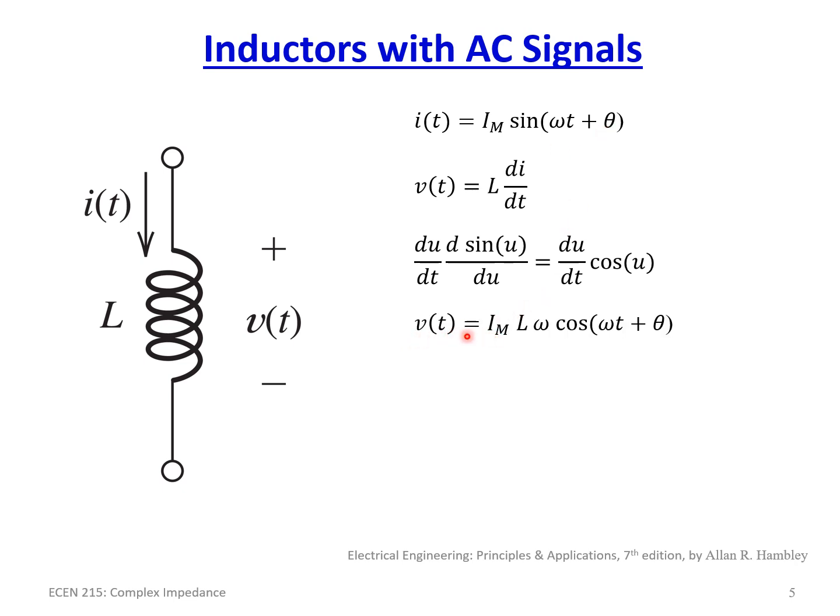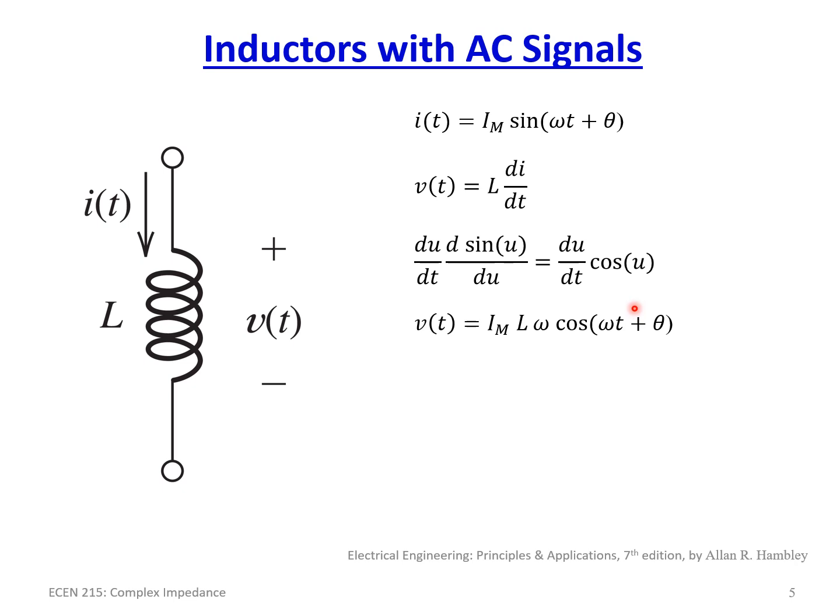So we end up with, in the end, V of t is equal to Im, the magnitude of the original current, times omega L. So we have the inductance times omega, our frequency, times cosine. Now notice how the sine became a cosine because of the relationship on the derivative. And then, of course, the u term, if you will, is omega t plus theta.